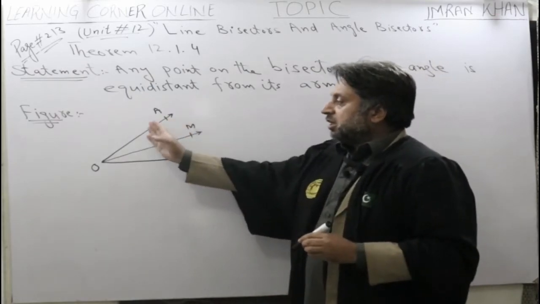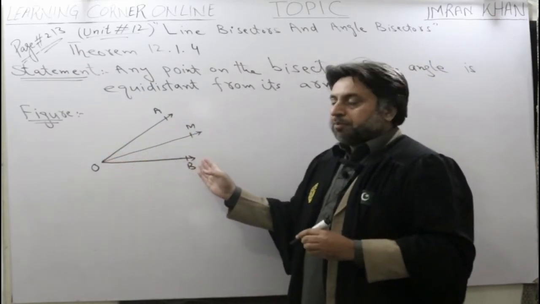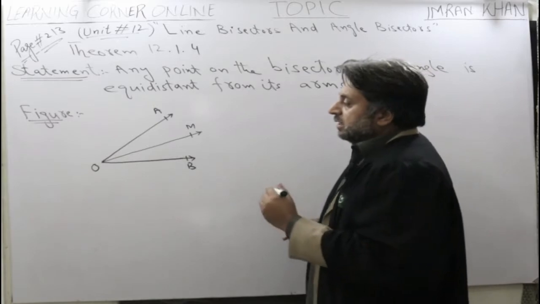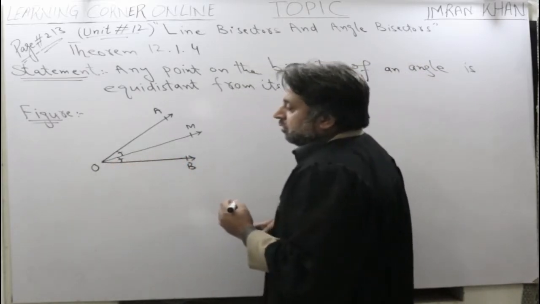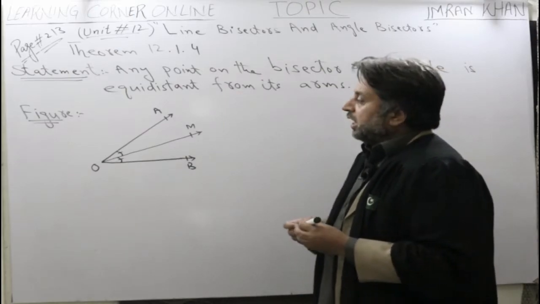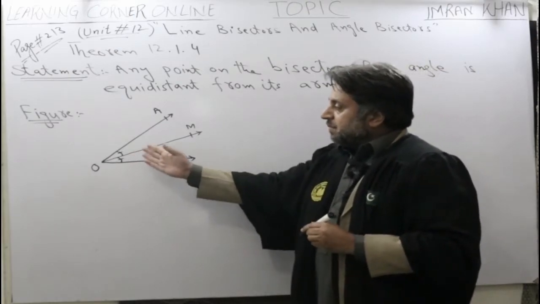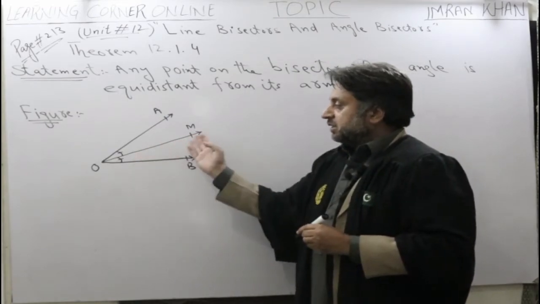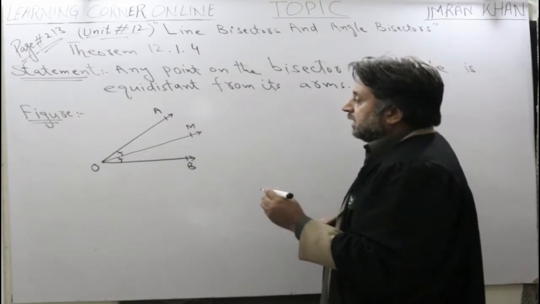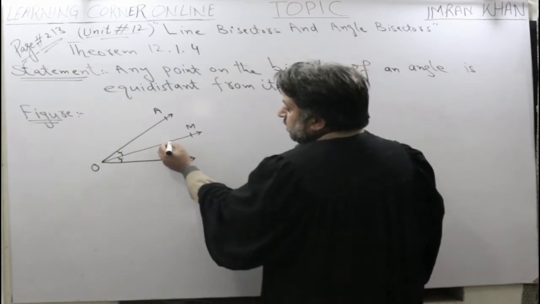OM is the bisector of angle AOB. It means that this angle and this angle will be equal. And if any point on this angle bisector OM, let's say that point is P.